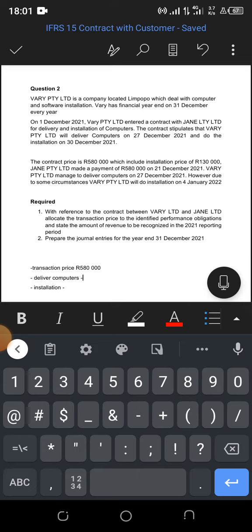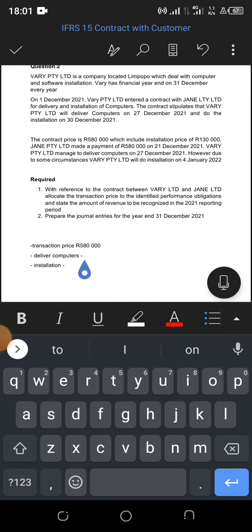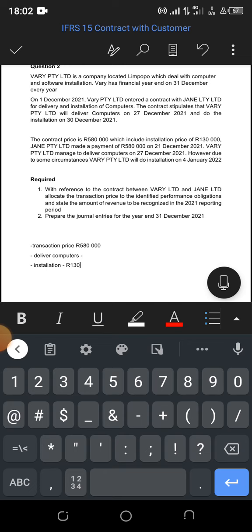Now let's allocate the price. The delivery of computers is how much? Okay, let's start with the installation, because they said installation is 130,000. Then for the delivery of computers, they said 580, which includes the installation.